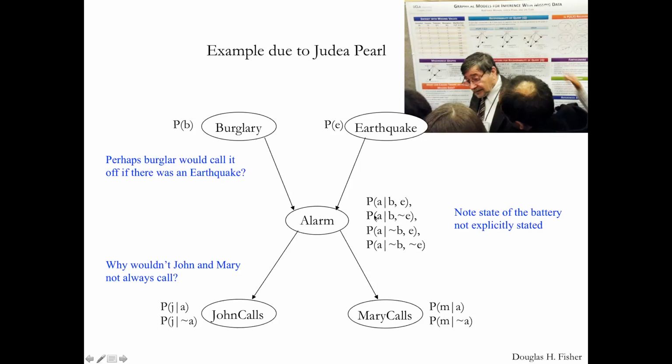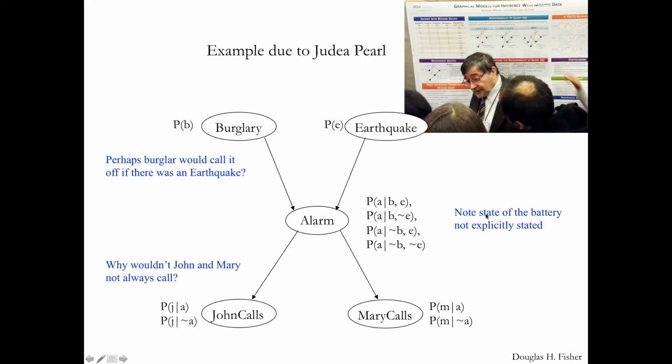So let's just take a look at the probability of an alarm given a burglary and no earthquake. It is hopefully very close to 1 for a properly operating alarm. In fact, it's hopefully 1. But there may be some other conditions that would affect that probability that we're not representing explicitly. So we're not representing the state of the battery.